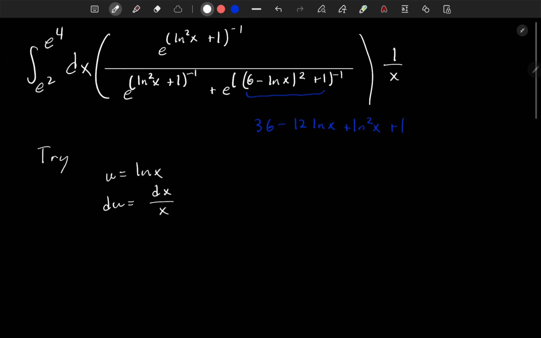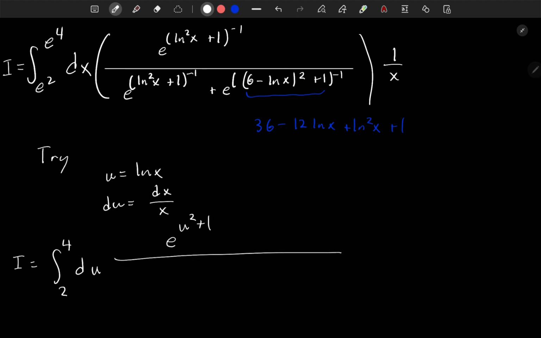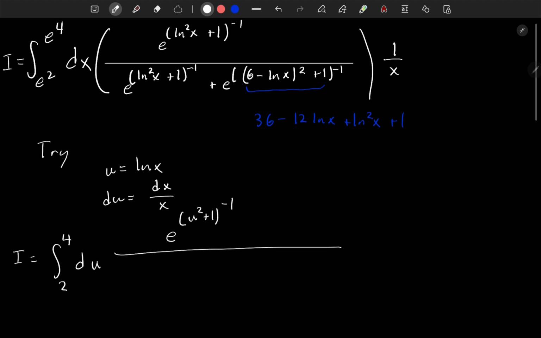So that means our integral I is the same as, with the log of x, it's 2 to 4 du. It will be e to the u squared plus 1, a Gaussian. Oh, no, it's not a Gaussian. Forgot the exponent.